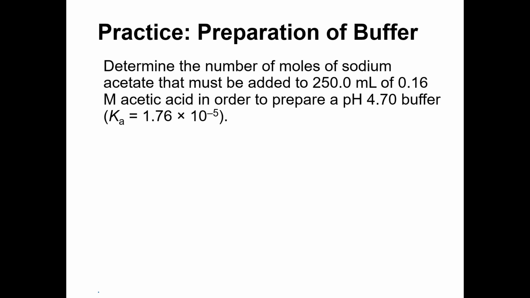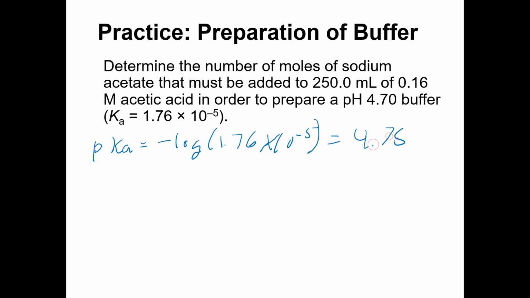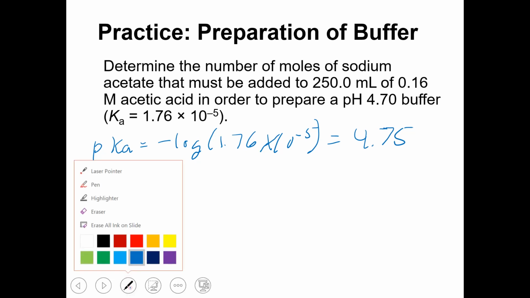So if you take the negative log of 1.76 times 10 to the negative fifth, you come up with 4.75, which is 0.01 off from the 4.74 we had on the last slide. So we're going to go ahead and use this, since this is the Ka that we're given for this problem.